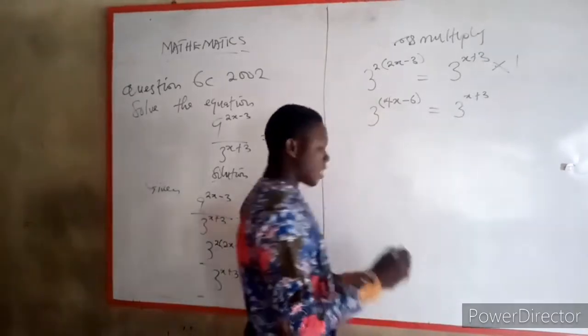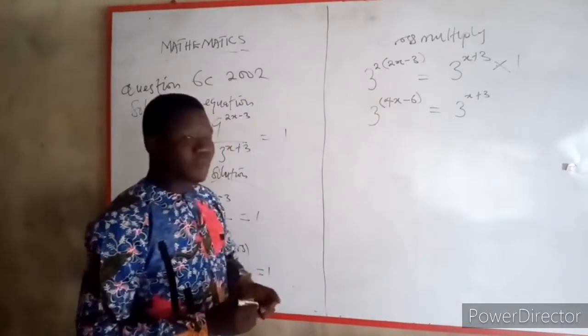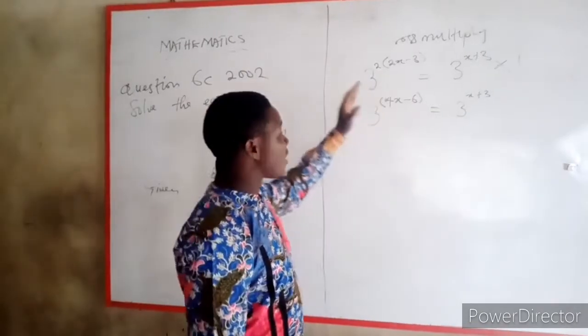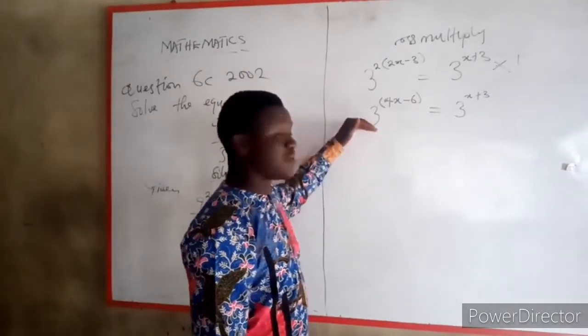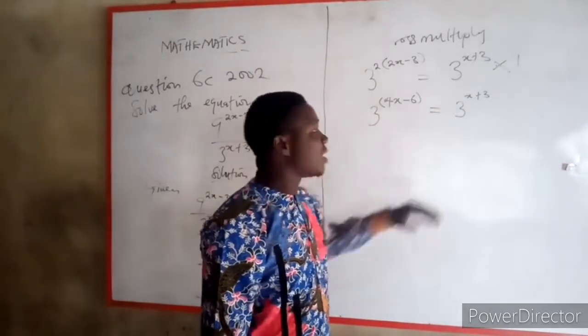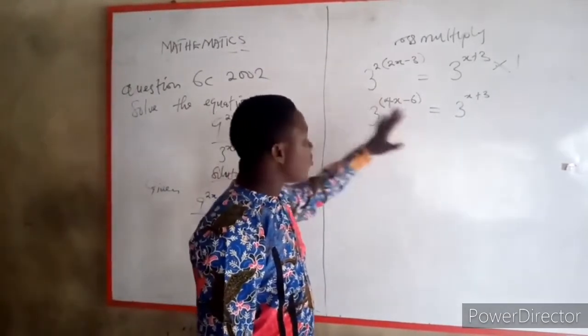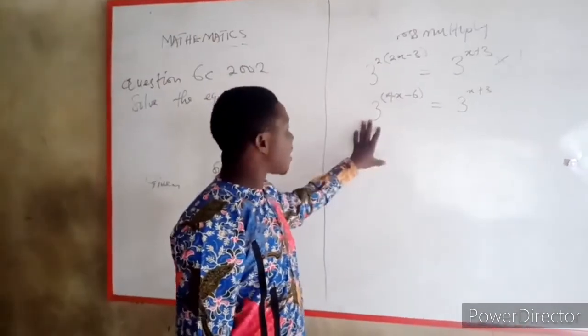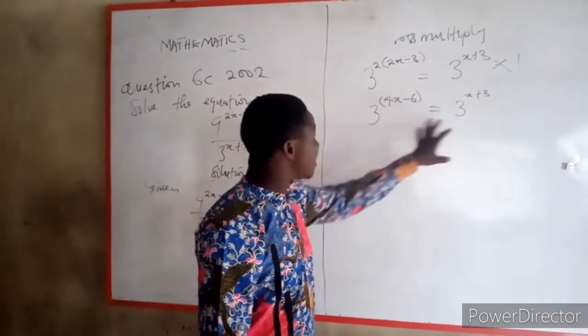Now by comparison, mathematically, since there's an equation sign here, whatever is at the base, the base number, must be the same. For this case, we have the base numbers equal, that is 3 and 3.